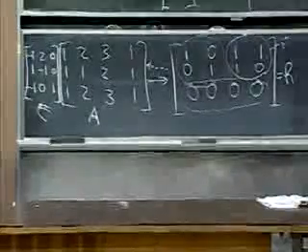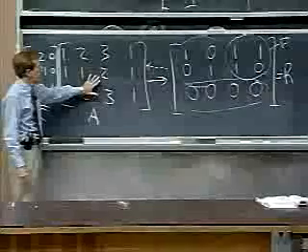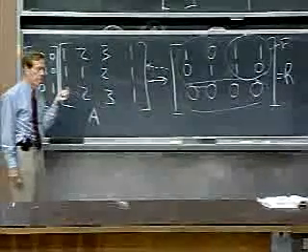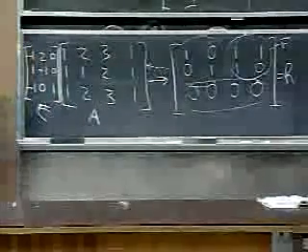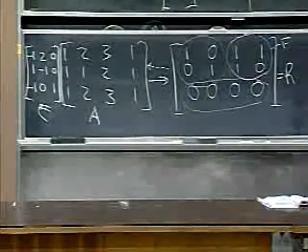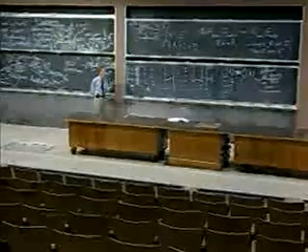Actually, what is the dimension of the left null space? Here's my matrix. What's the rank of the matrix? 2. And the dimension of the left null space is supposed to be m minus r, 3 minus 2, 1. I believe that the left null space is one-dimensional.